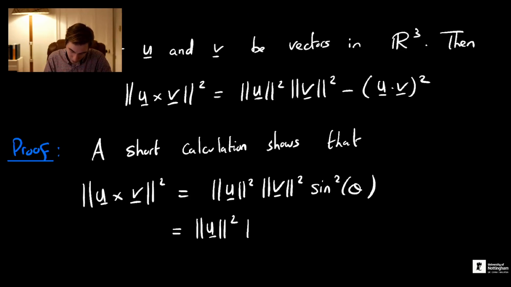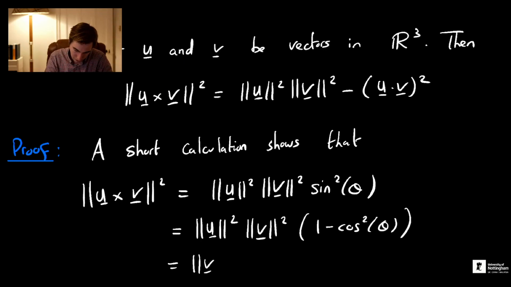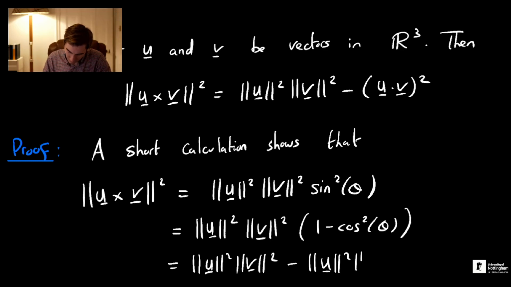So that's the norm of u squared times the norm of v squared times 1 minus cosine squared of theta, which is equal to, just expanding this out because these are just real numbers and that clearly distributes, the norm of u all squared, norm of v all squared, minus the norm of u all squared, norm of v all squared, cosine squared of theta.